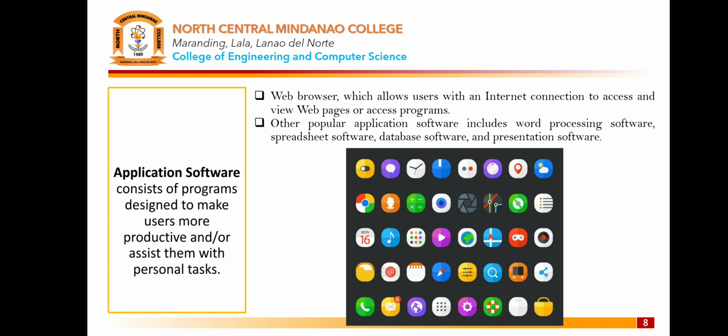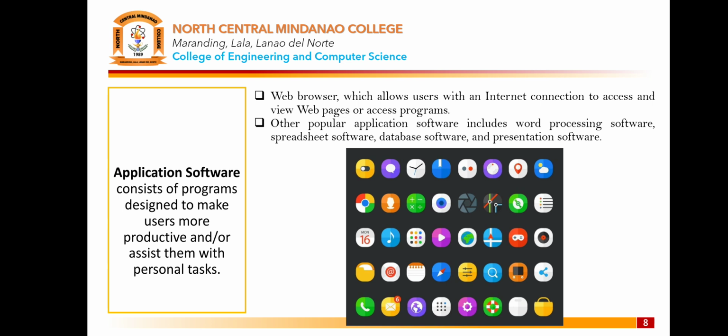The most widely used application software is the web browser, which allows users with an internet connection to access and view web pages, or even access programs, like when we open Google. Examples are Google Chrome, Firefox, Opera Mini, Microsoft Edge, and so on. Those are examples of web browsers under the category of application software.